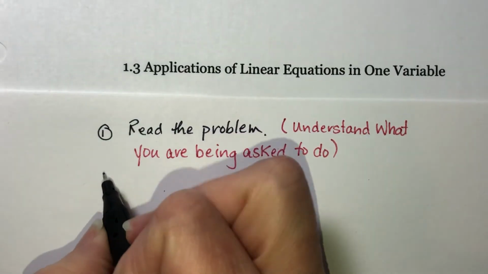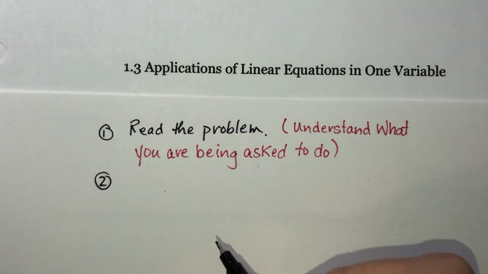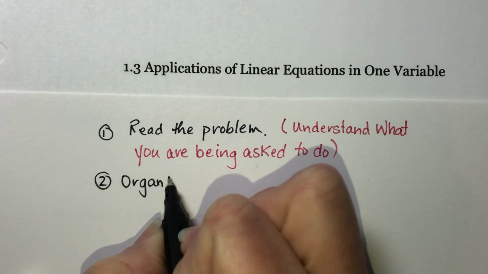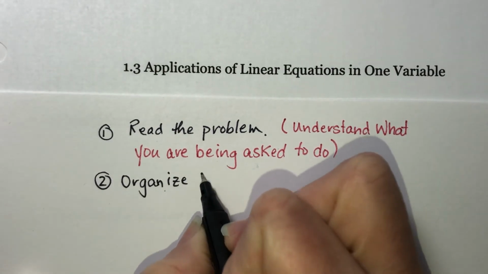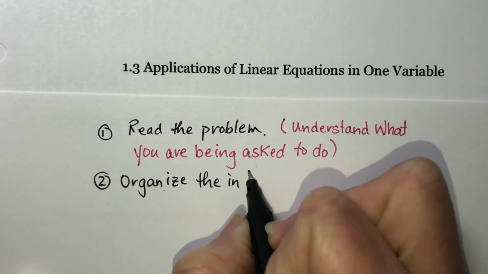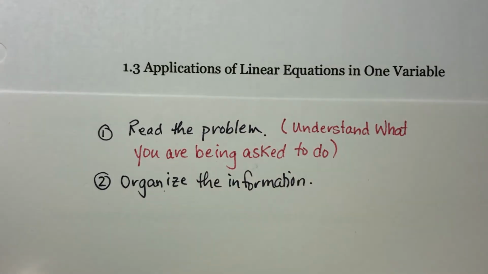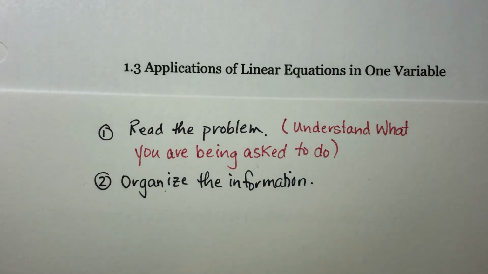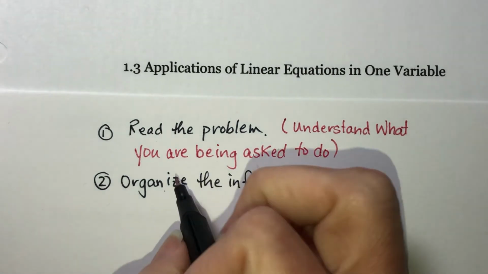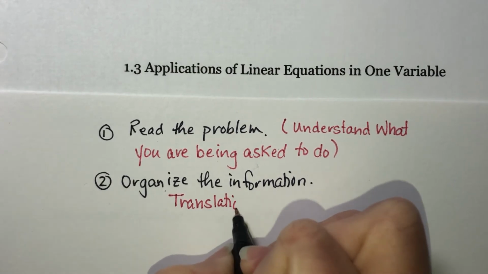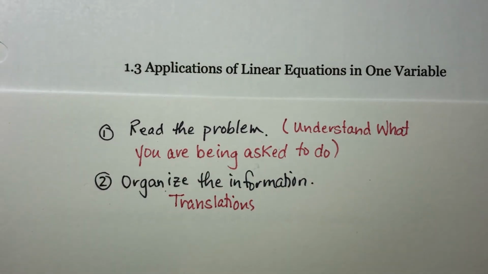Okay? The second thing we do is we organize our information. This is where we're going to do some translations. What I mean by that is we're going to take the English language and turn it into math language.